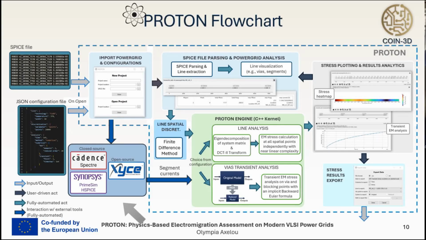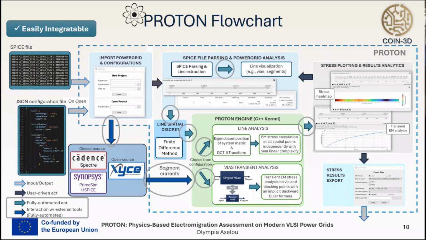This makes it very easily integrated into any power grid design flow. And finally, as can be seen, our tool has been implemented in such a way that it offers a great level of automation that makes it user-friendly and intuitive.